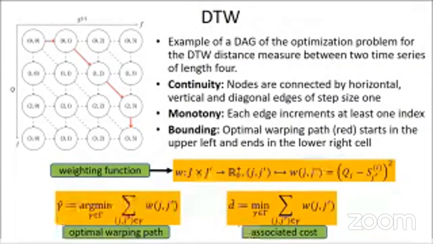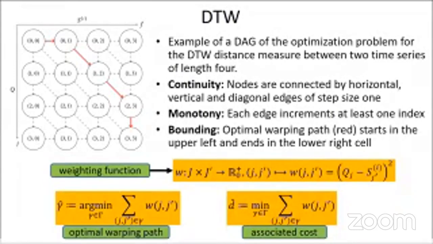Some more background about dynamic time warping. In dynamic time warping, we basically set up a DAG, a directed acyclic graph, which is of quadratic size, so n times m, where n and m are the lengths of the 2 time series that are compared.